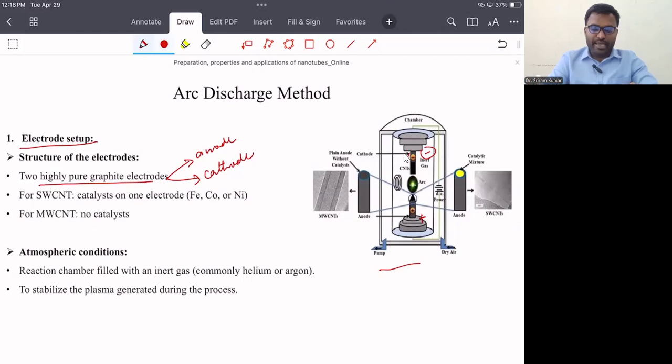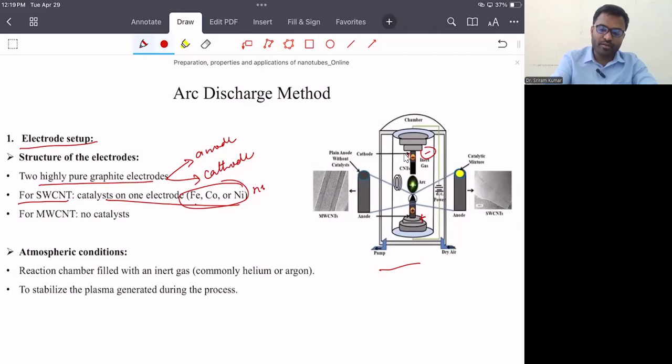Now we can also modify the electrode based on the type of CNT material. For example, if you want to develop single wall CNT, we need to use a catalyst, maybe an iron, cobalt, or nickel-based catalyst, on the anode material.